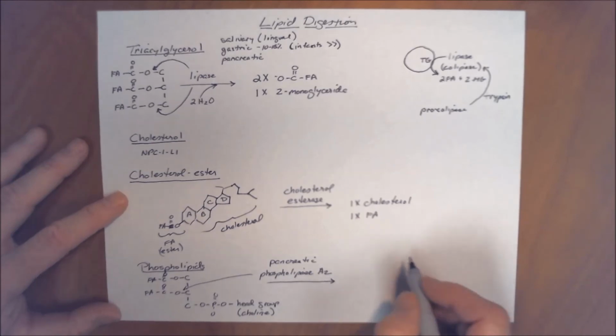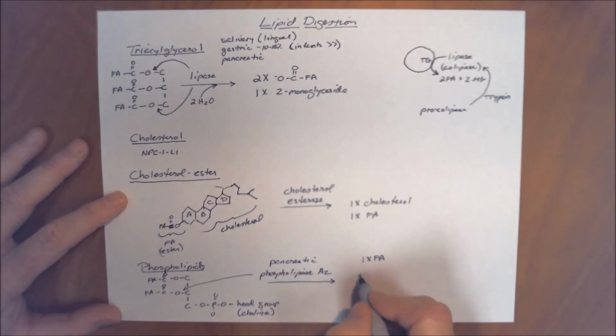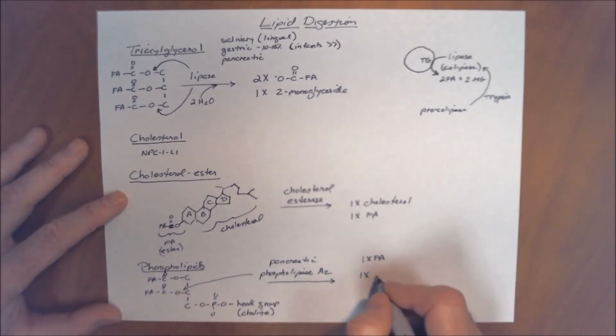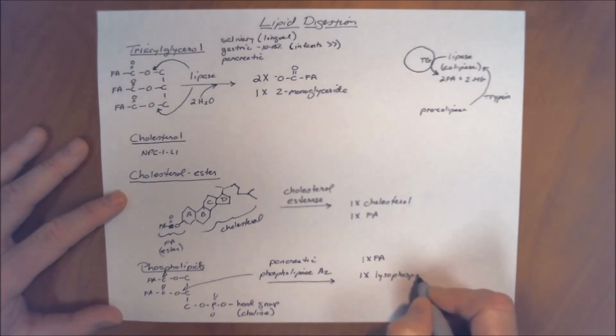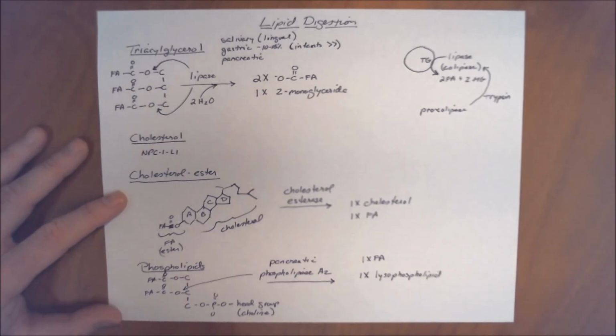And what we are releasing is one fatty acid and one molecule that still maintains the glycerol backbone, still has one fatty acid, and contains the head group. And this is called a lysophospholipid. If the head group is choline, it's called lysolecithin.